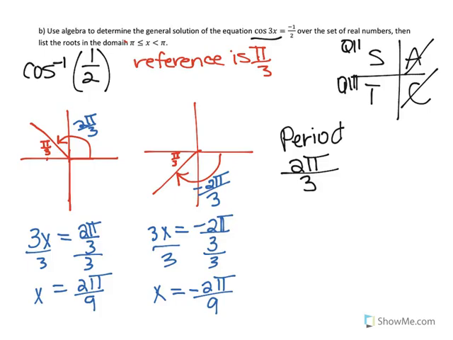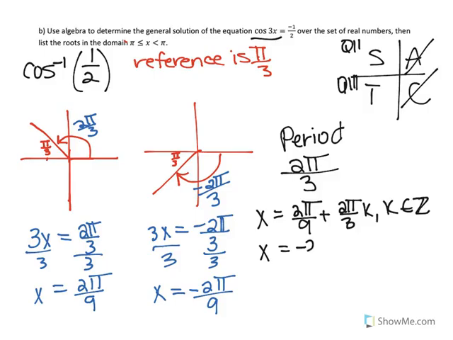So our general solutions are going to be x equals 2 pi over 9 plus 2 pi over 3 times k, where k is an element of the integers, or it could be negative 2 pi over 9 plus 2 pi over 3k, where k is an element of the integers.